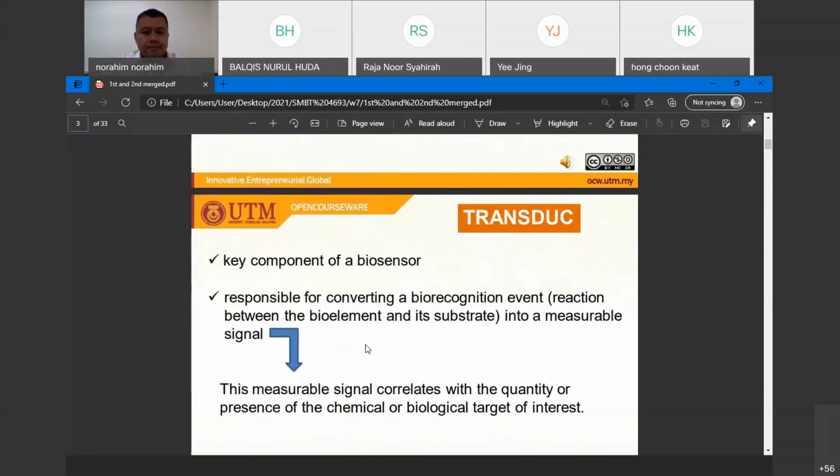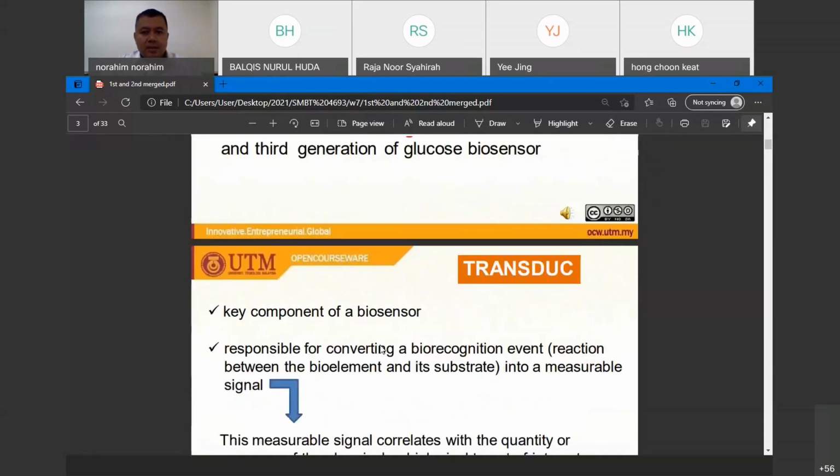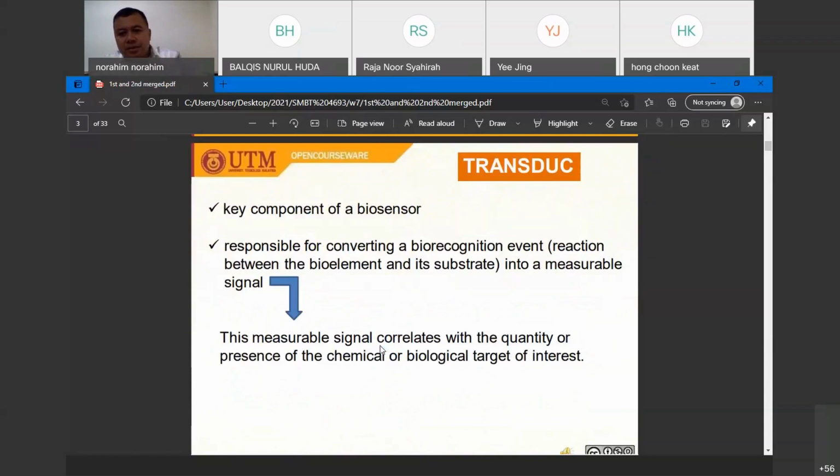Right? Okay, now we talk about the transducer. If you remember, you did lectures with Dr. Shafinas about the components of a biosensor. What makes a biosensor? What are the components? What are the main keys in constructing a biosensor?